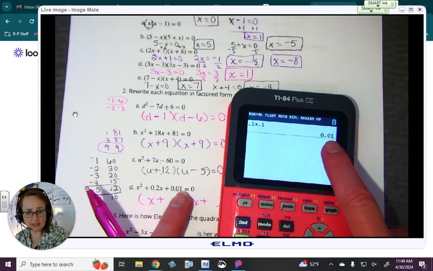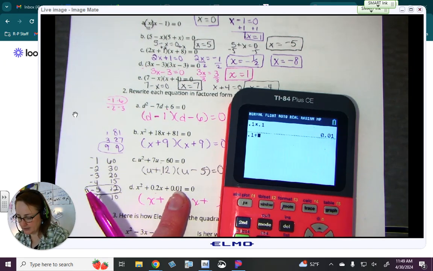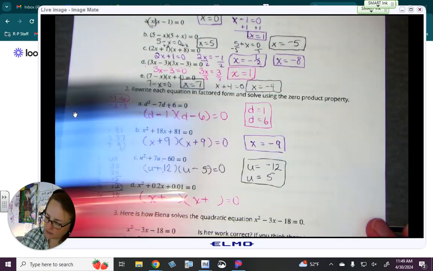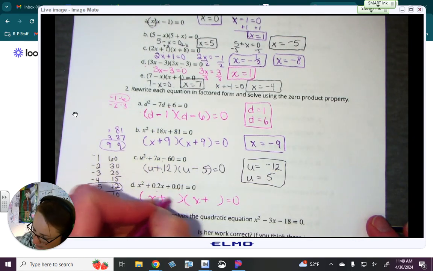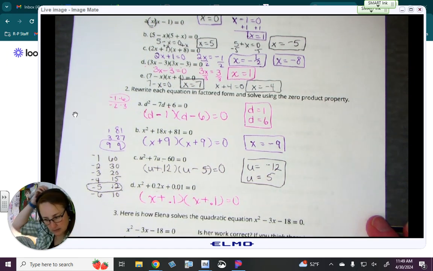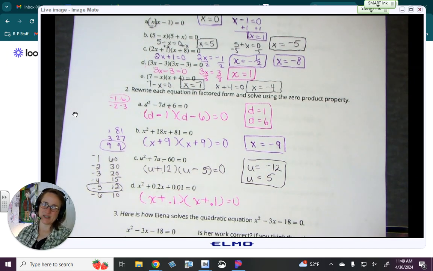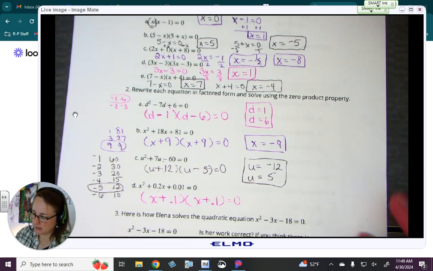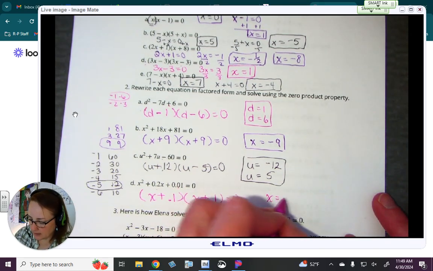There's the 0.01 here, and 0.1 plus 0.1 is the 0.2. Okay, so that's just something using my number sense. That 1 plus 1 is 2, but a tenth times a tenth is a hundredth. Either way, my x is going to equal a negative 0.1.